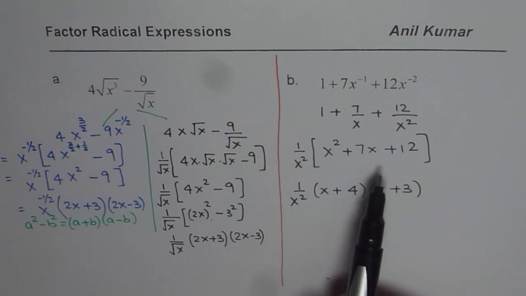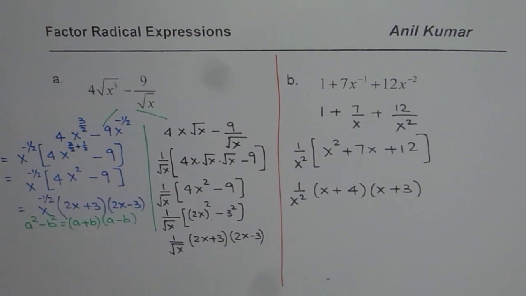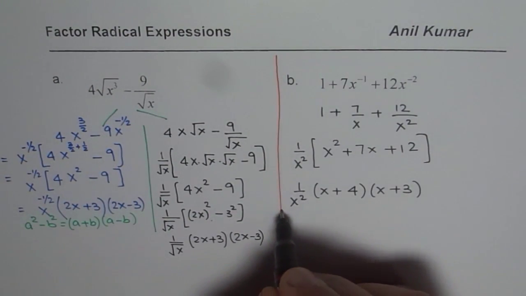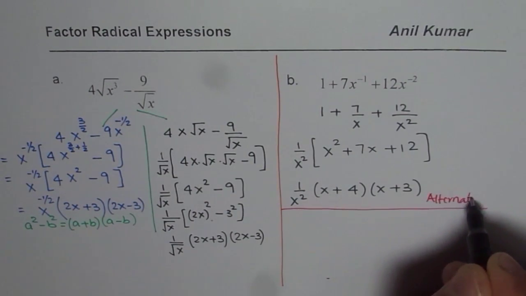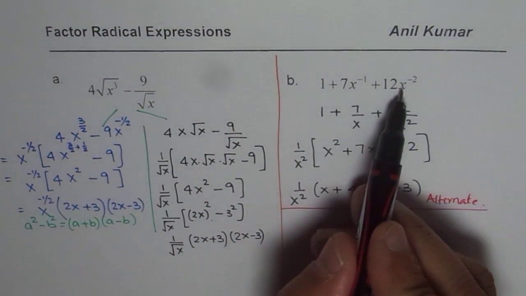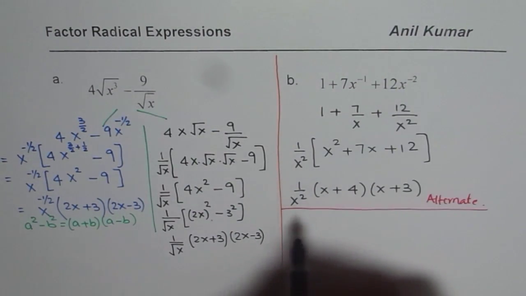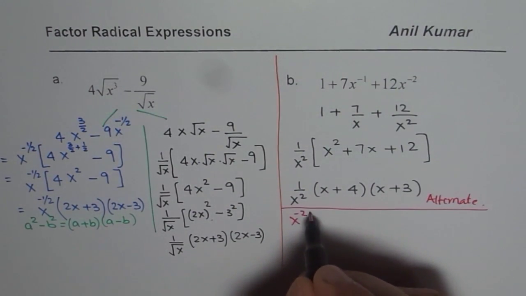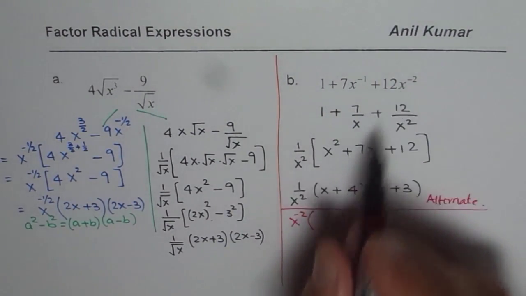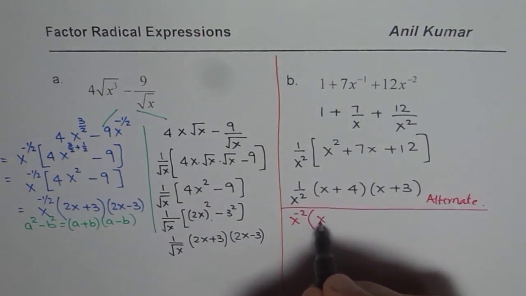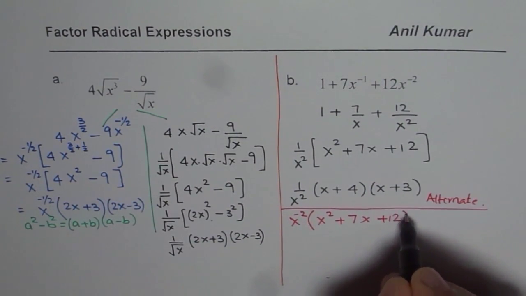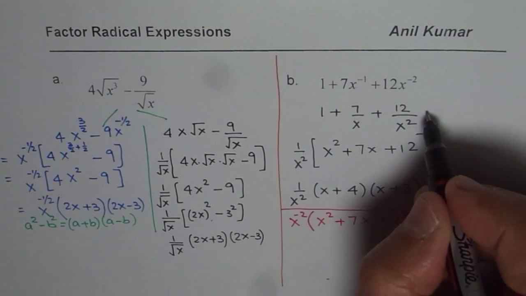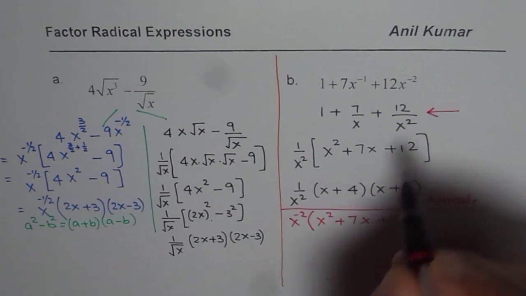Well, you could have adopted the same approach here also. Let me write down this expression with negative powers and show you an alternate way. In short, we could factor out x to the power of minus 2. That is the lowest exponent, right? So if I do that, I get x squared plus 7x plus 12, exactly the same expression which we began with, right?